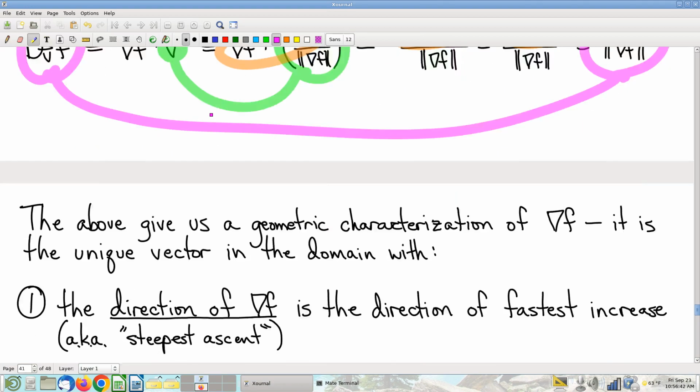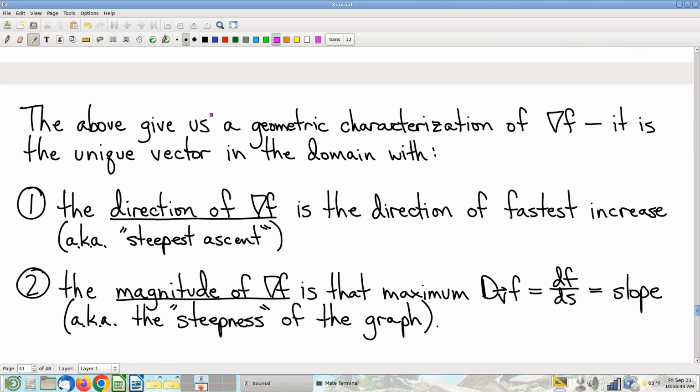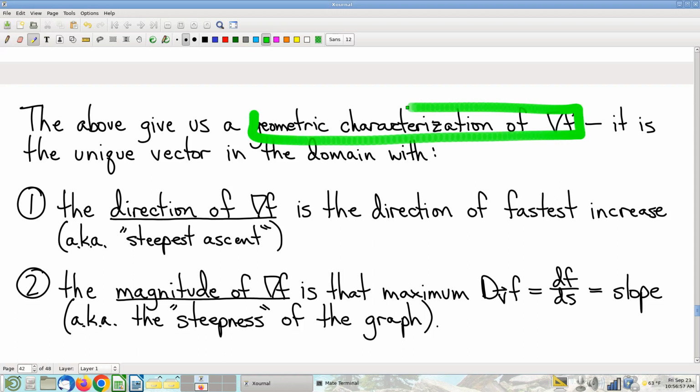So, I like to rephrase the above, and I already said that the answers are kind of more interesting than the questions. But I'm going to say it differently here as this gives us a geometric characterization of the gradient. We started off talking about directional derivatives, but in fact, what we've really learned here is really valuable information about the gradient vector. The gradient vector was the answer to both of the previous questions.